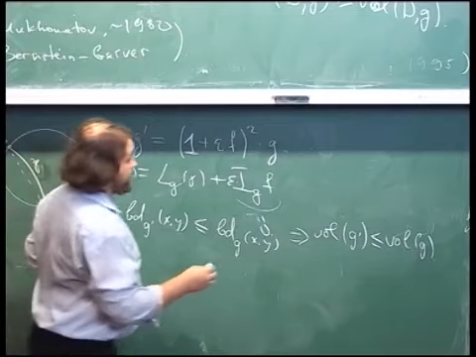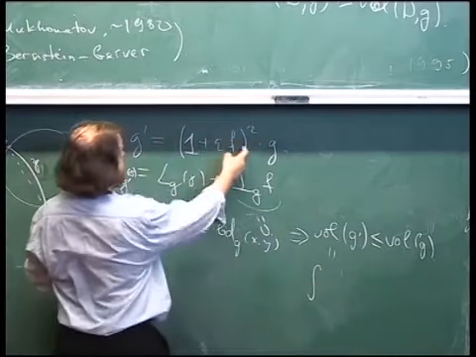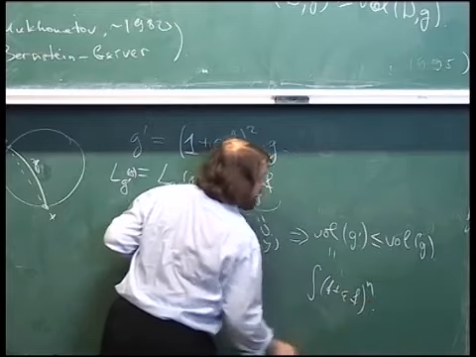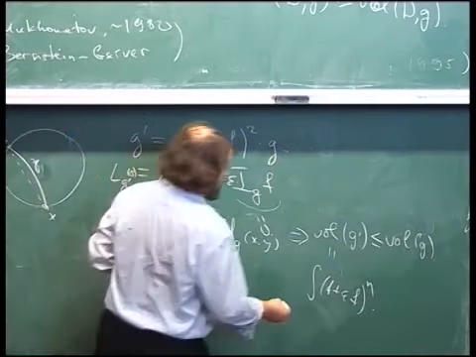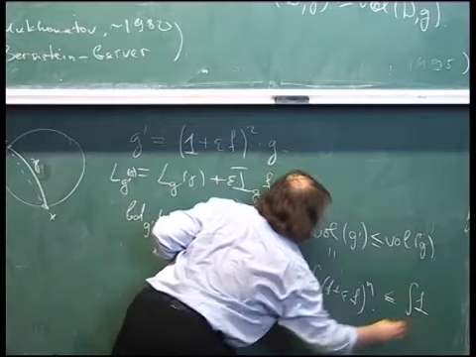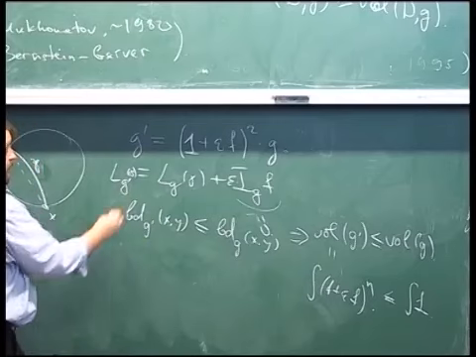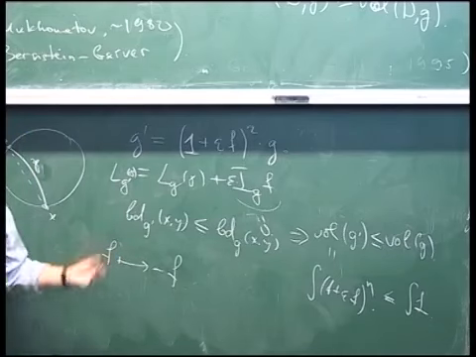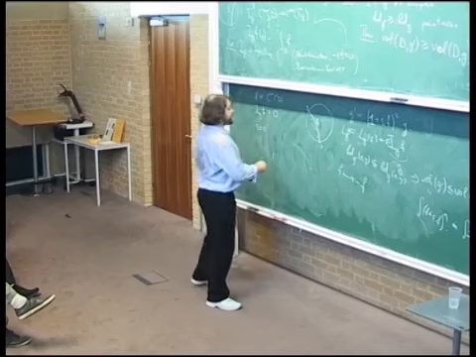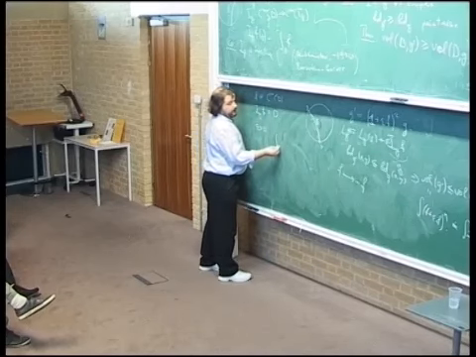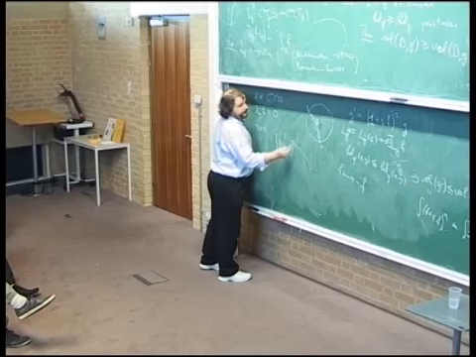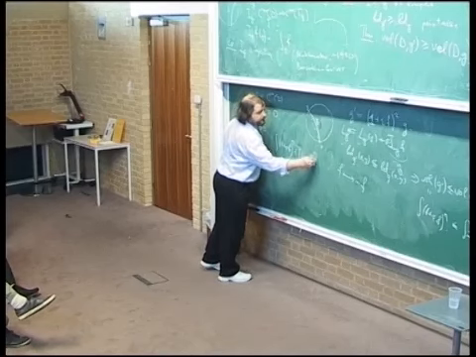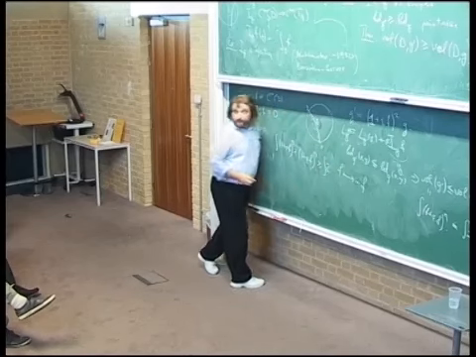And what is the volume of g prime? It's the integral of this thing to the power n, so it's smaller than the integral of 1. Now you just repeat the argument with minus f in place of f and add together, and you conclude that the integral of (1 plus epsilon f) to the power n plus (1 minus epsilon f) to the power n is greater than the integral of 2.